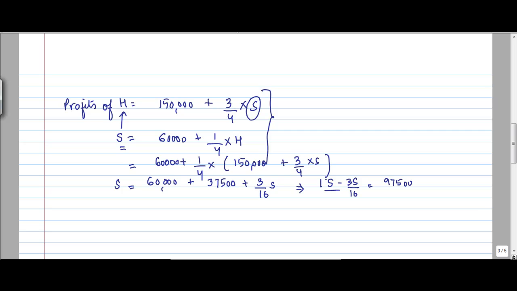So you put this as 16S divided by 16, or 13S is equal to 97,500 into 16, which means that S is equal to 97,500 into 16 divided by 13. So this becomes 1,20,000.